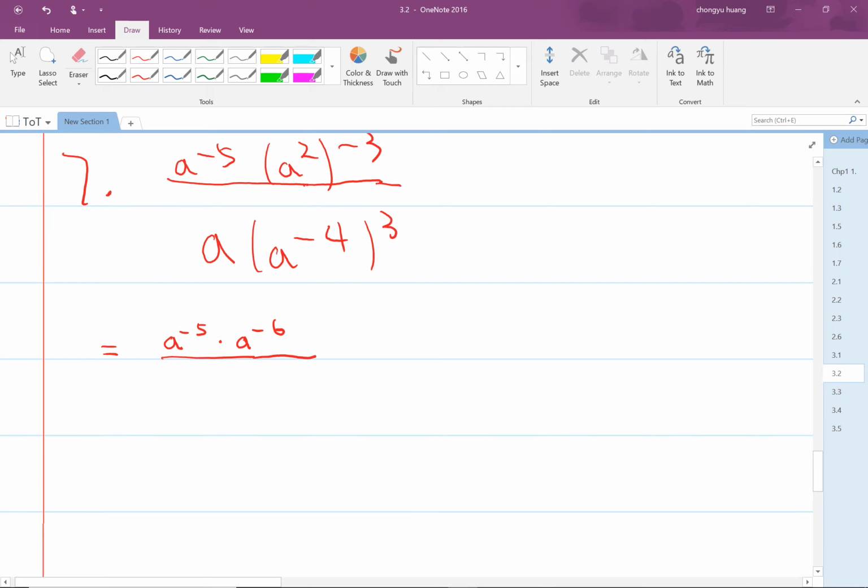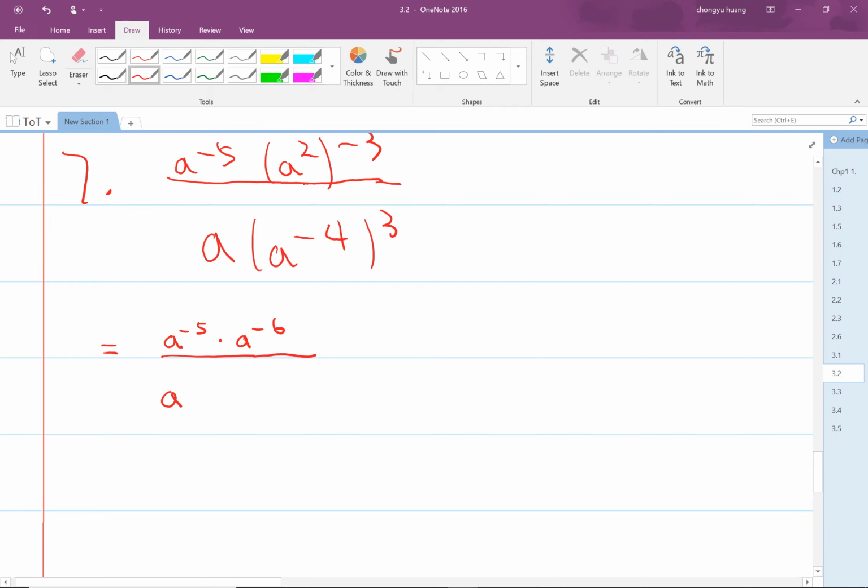so it becomes -6. Okay, so now what we have is simply a multiply a to the power -4 bracket to the power 3, so it just basically becomes a to the power -4 multiplied by 3. So -4 multiplied by 3 is -12. So right, now we actually have to simplify a little bit more. At the top we have a to the power -5 multiply a to the power -6.